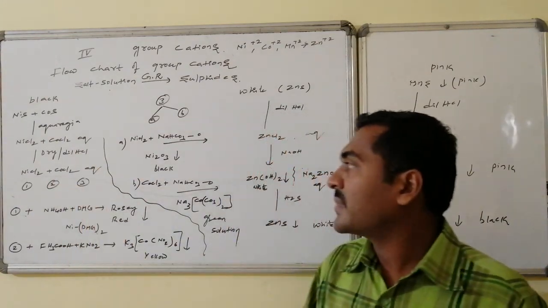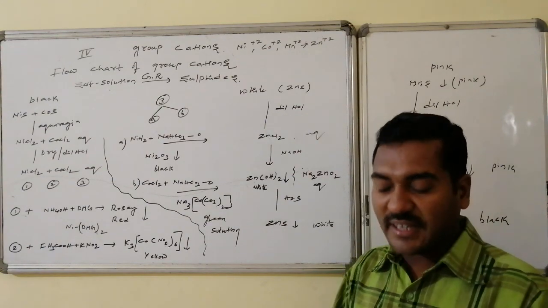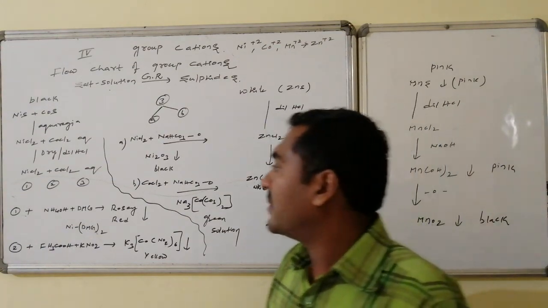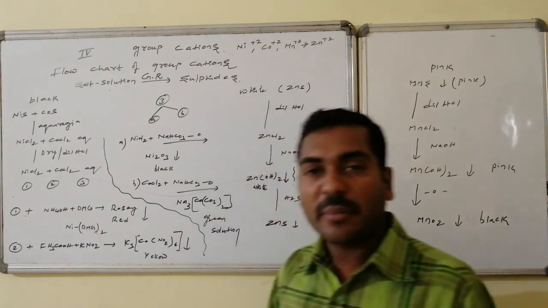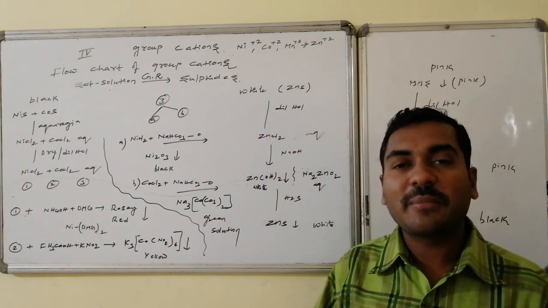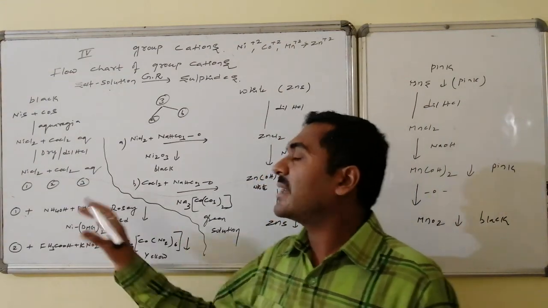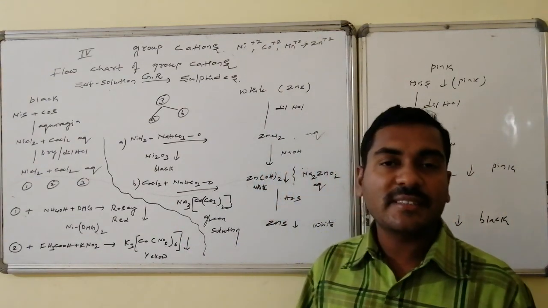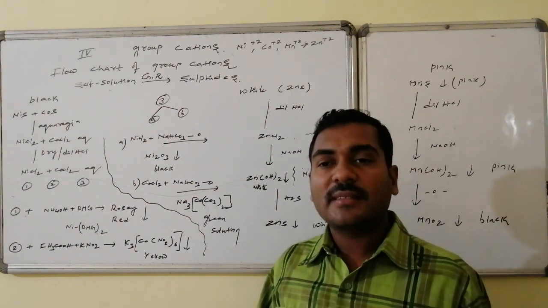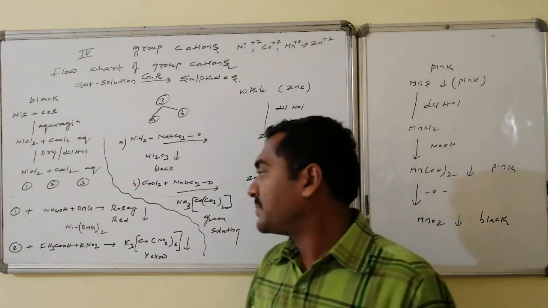After preparation of this aqueous solution of nickel and cobalt, collective tests are conducted. For part 1, excess ammonium hydroxide followed by dimethyl glyoxime is added. If it forms a rosy red precipitate, then nickel is confirmed, because that precipitate is nickel bis dimethyl glyoxime.